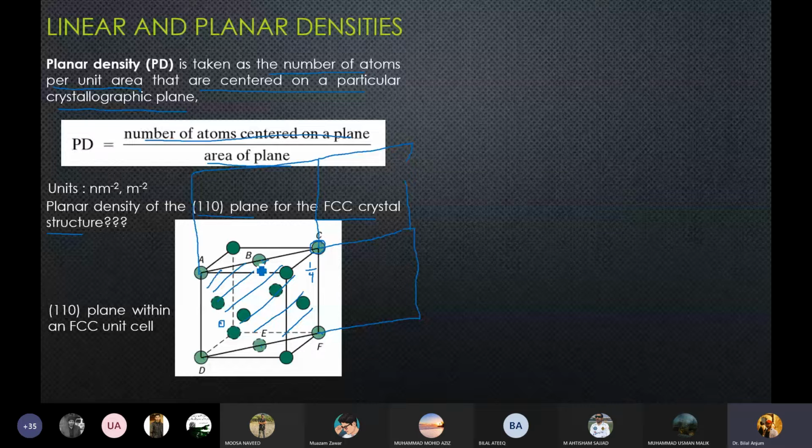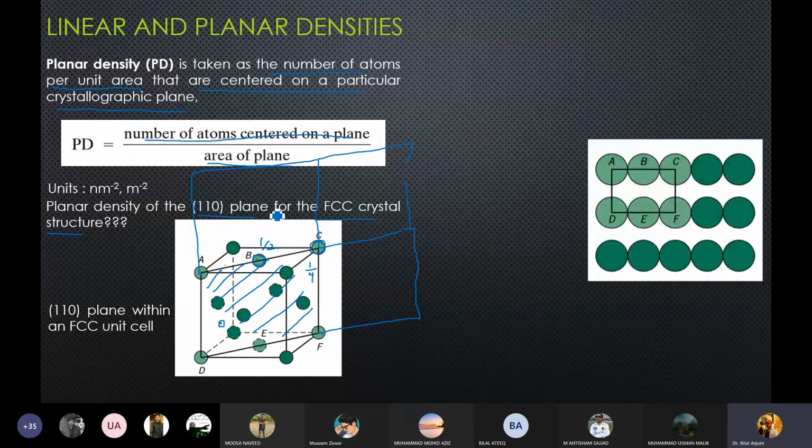However, this atom would have the contribution of 1/2 because it is being shared by the unit cell which is on top of it and the unit cell which is the shown unit cell. Along this plane the contribution is half. If you want to have a clearer look, you see this is the plane.